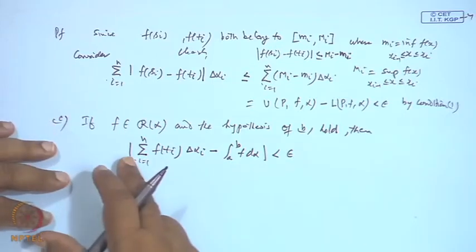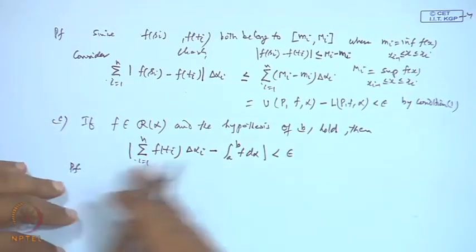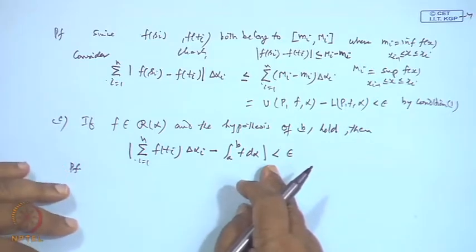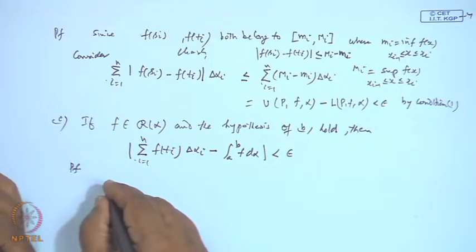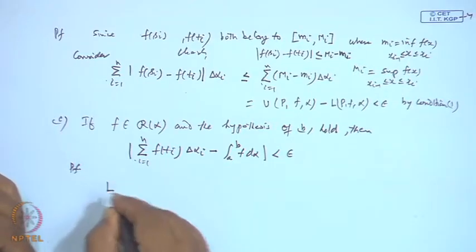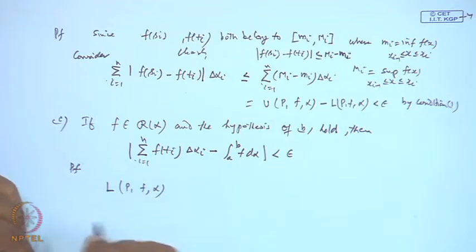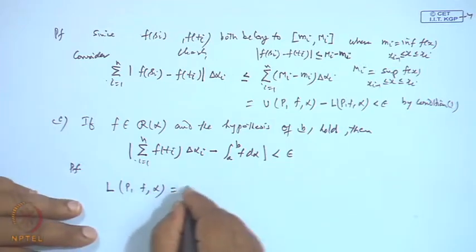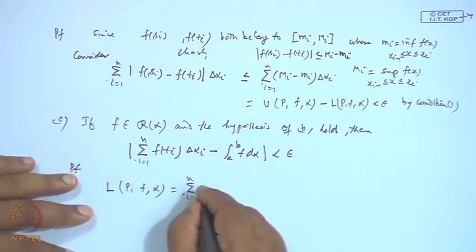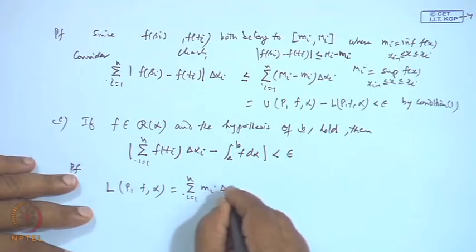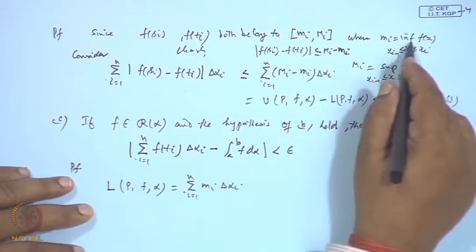So, the proof, let me see, we will start in a similar way. Start with the lower sum of the function f with respect to alpha over the partition P. This is equal to sigma, i is 1 to n, small m_i delta alpha_i, but m_i is the infimum value of this function.